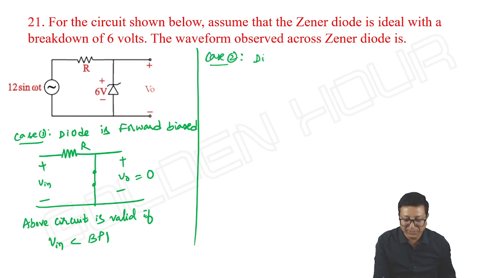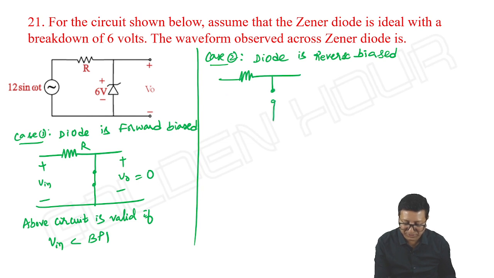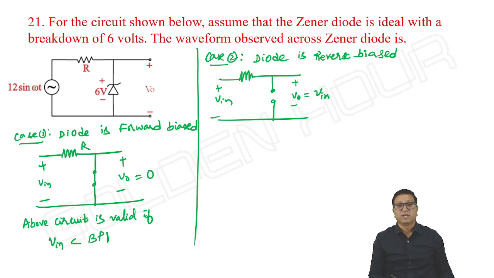Diode is reverse biased, which means the diode simply acts as an open circuit. What is the output? Output is equal to input. And how long is this possible?